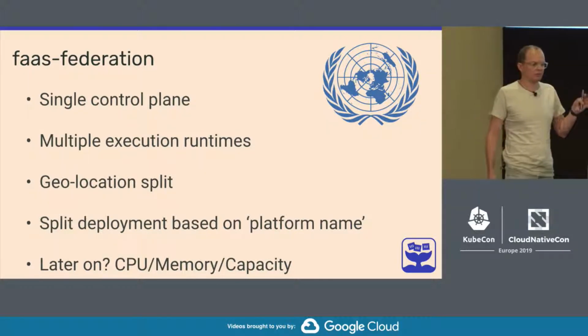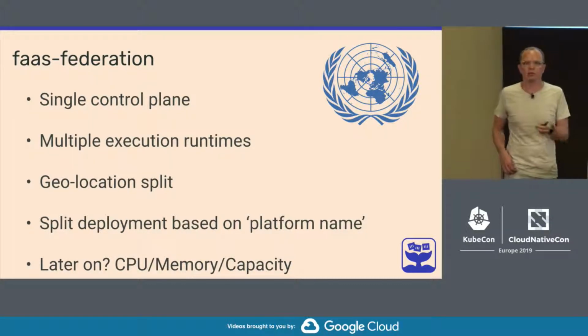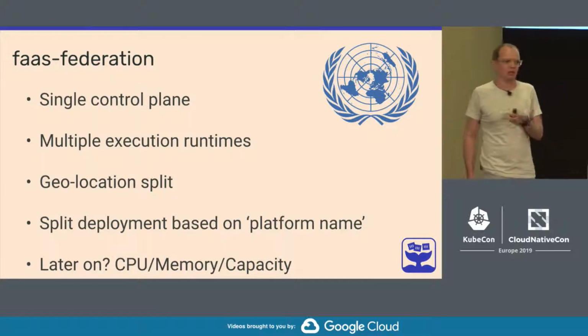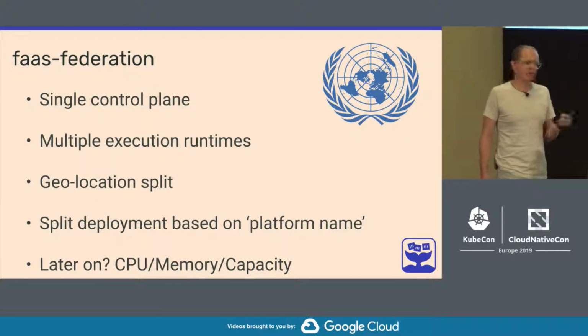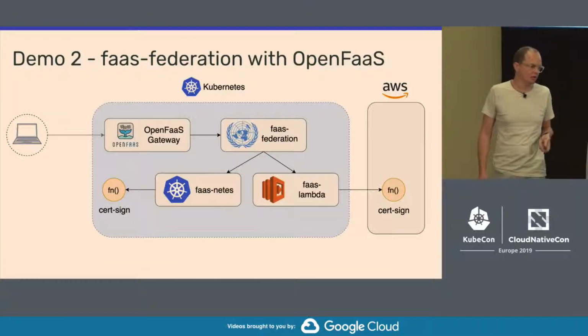As I mentioned, you've got that single control plane and the split execution environments, but we could also perhaps deploy based on CPU usage in a cluster or memory allocation, that kind of thing. I think the possibilities are quite endless.